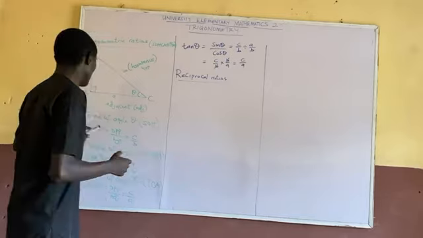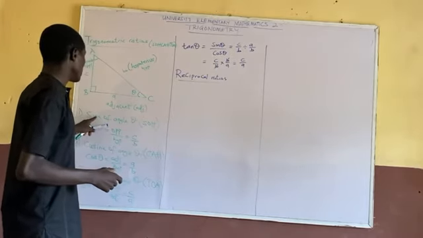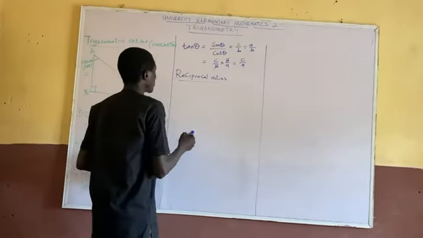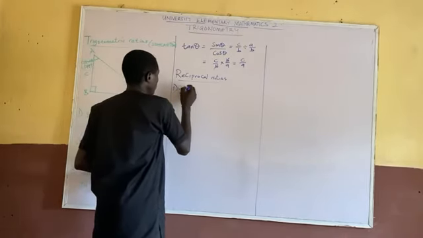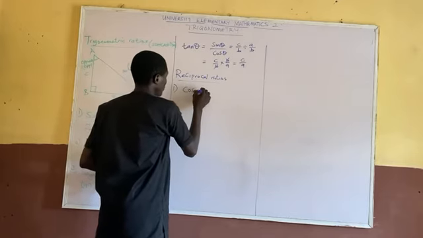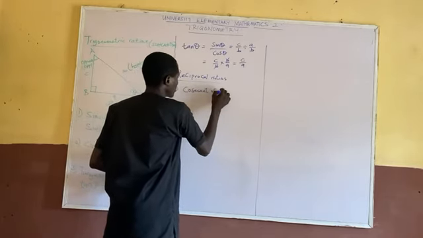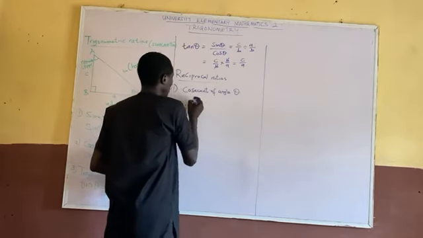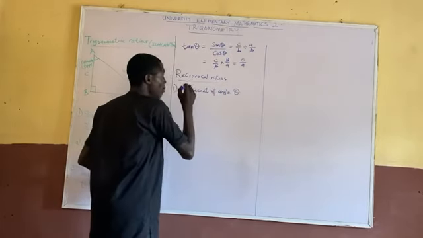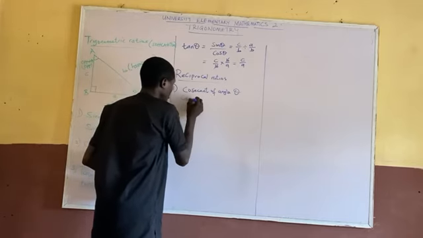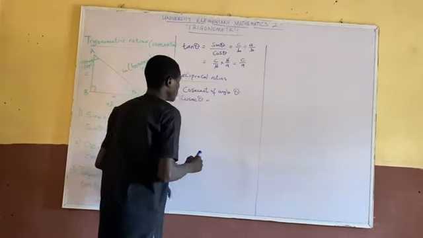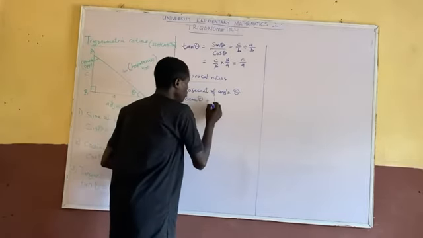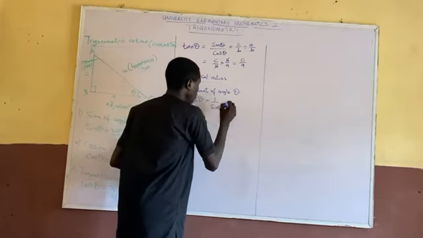The first reciprocal ratio that we have here is the cosecant of an angle theta, popularly known as cosec theta. Please get used to it. Cosec theta is 1 over sin theta.